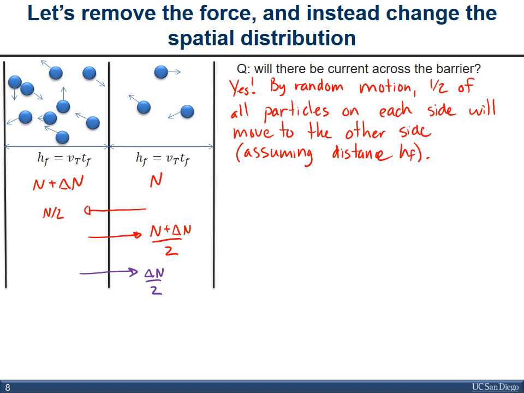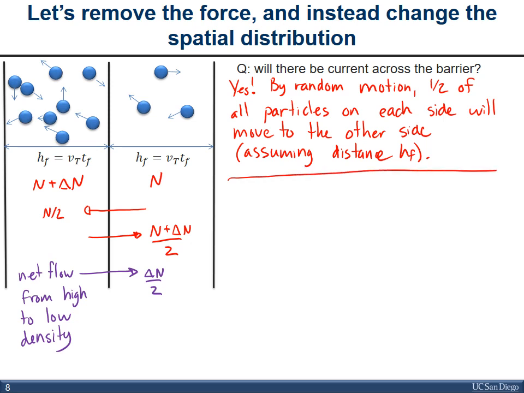So this is the net flow, the net flow from high to low density.